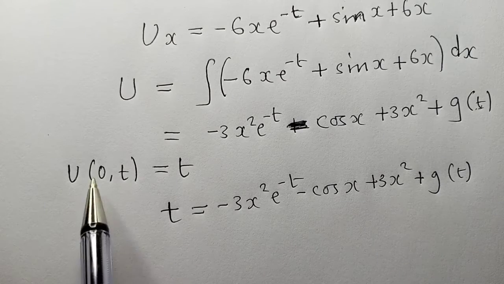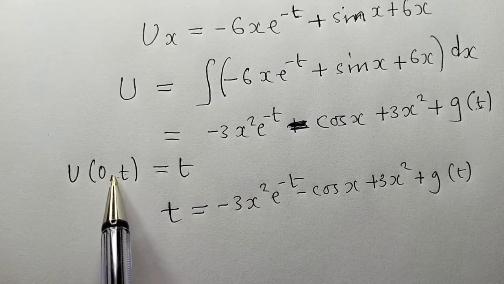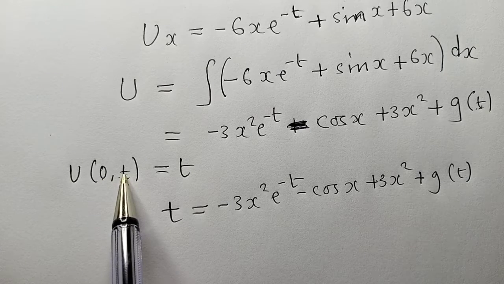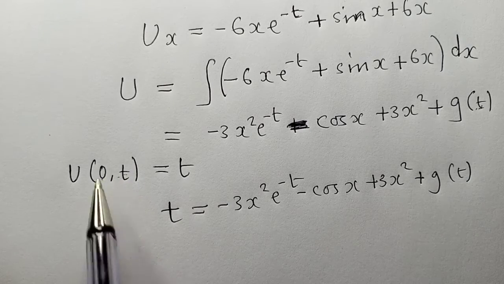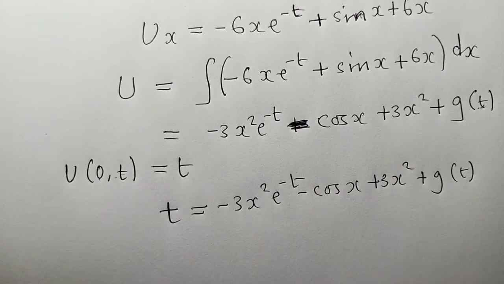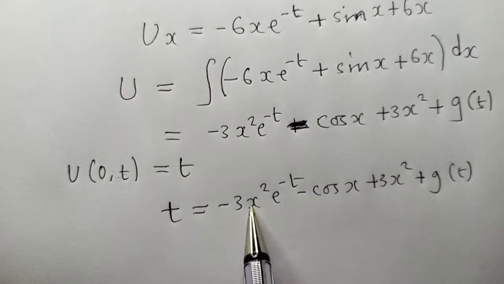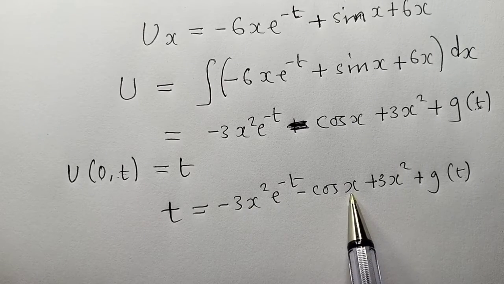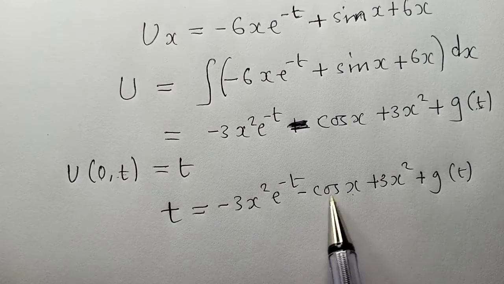So now looking at what is here, the x value will be equal to 0, the t value will be maintained. So wherever we see x, we're going to put a 0. So if we substitute a 0 here, it will just be a 0. Here it will be a 1 plus this negative, it will be negative 1.